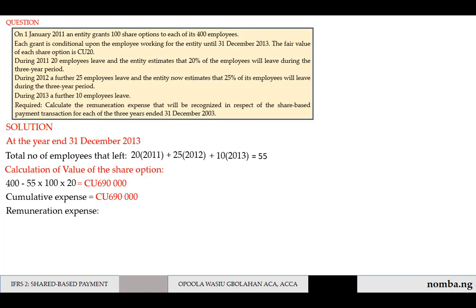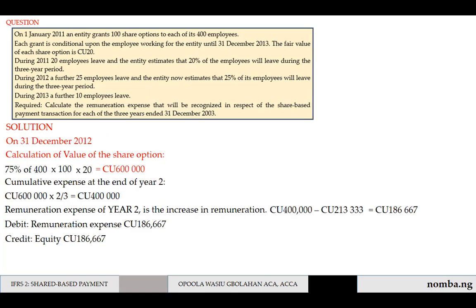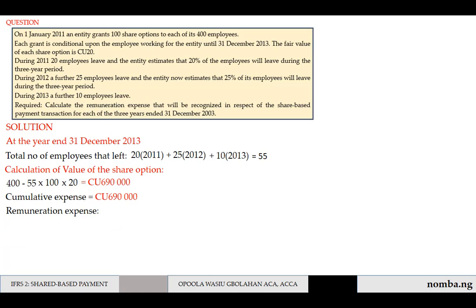The remuneration expense for year 3 will be the increase. Year 3 is cumulatively 690,000, and up to year 2 it was 400,000. So that relating to year 3 will be 290,000. So we debit remuneration expense with 290,000 and we credit equity with 290,000. And that is how you determine it.